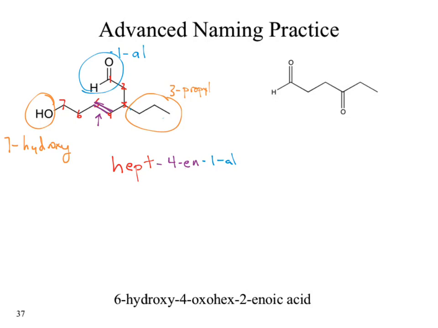Is that cis or trans? Trans, which means? Sorry, this is how it sticks in my head, but tran-e. It's dumb. And somebody told me, and now I can't get rid of it. Okay. I'd have to include 4E in parentheses at the front. 4E, 7-hydroxy-3-propyl hept4-ene 1-al.